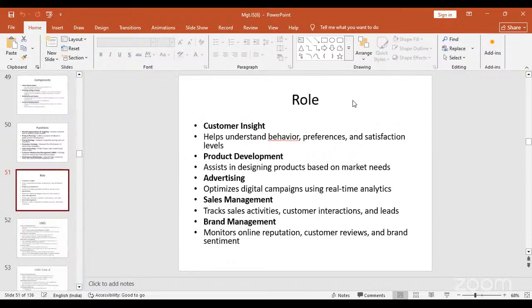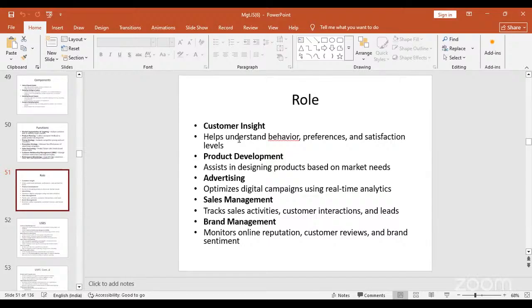Then the role of the MKIS. The roles are customer insight, product development, advertising, sales management, and brand management. Customer insight means it helps to understand the behavior, performance, or satisfaction level of the customer.